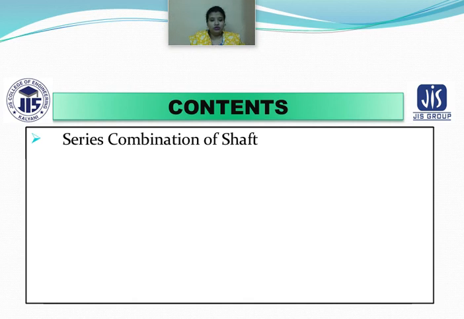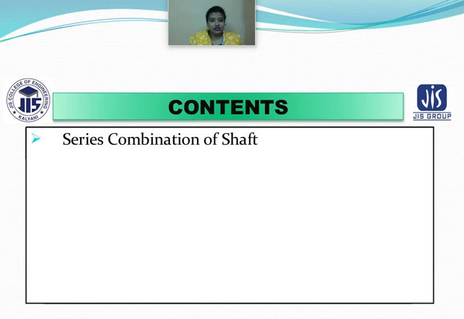When you term this as series, it means several diameters, different lengths, different materials, when the shafts are combined together in a series, then we need to know the basic torque that has been applied to the entire shaft. If various metals of various diameters and lengths are associated, then obviously the total torque of the entire shaft will be the summation of all the individual shafts.